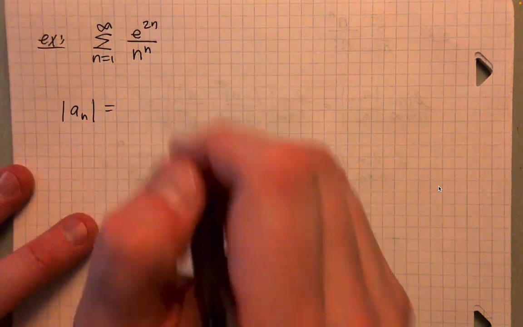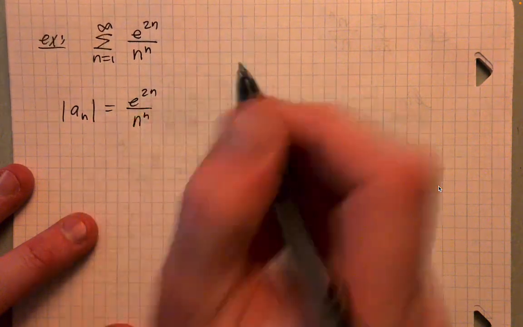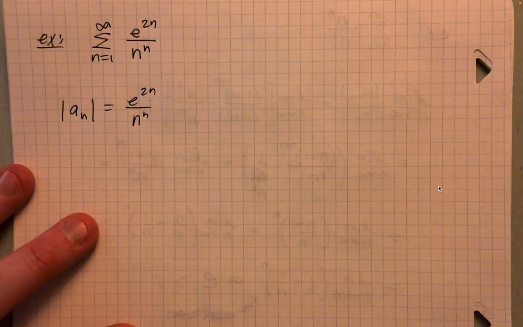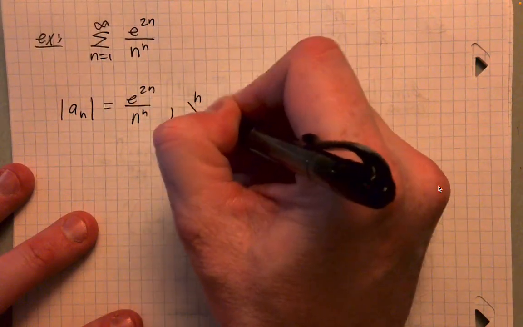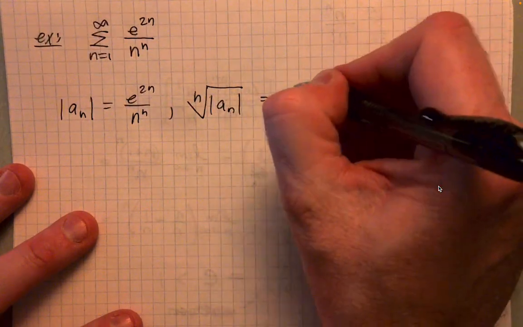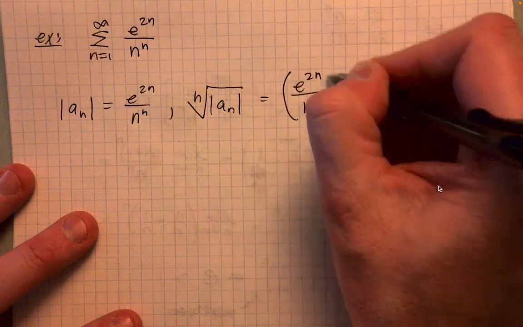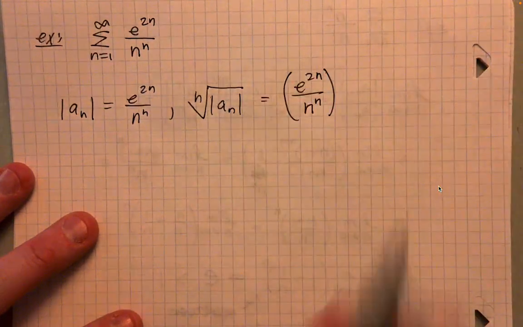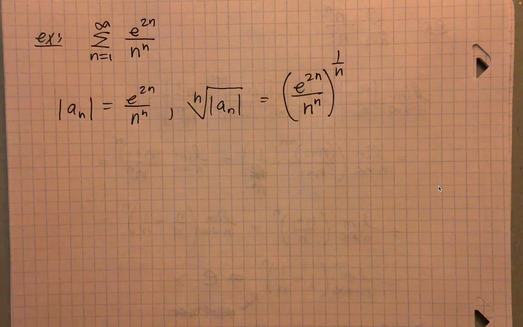That's the terms itself, so e to the 2n over n to the n. And what about the nth root? Well, that's going to be e to the 2n over n to the n, and instead of using the radical notation, I'm just going to use the 1 over n notation. So we'll write it like that.